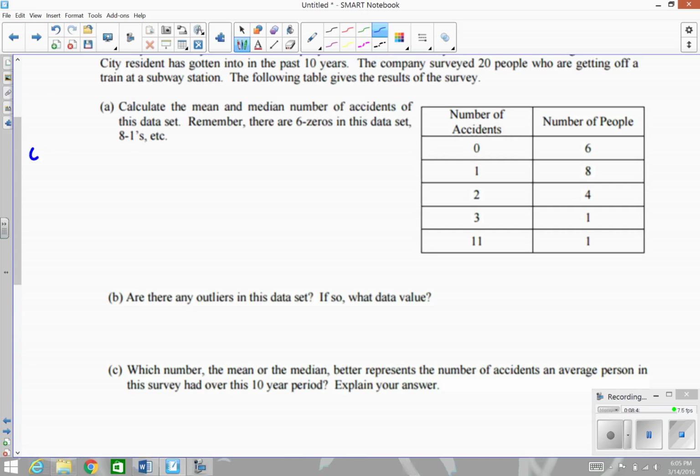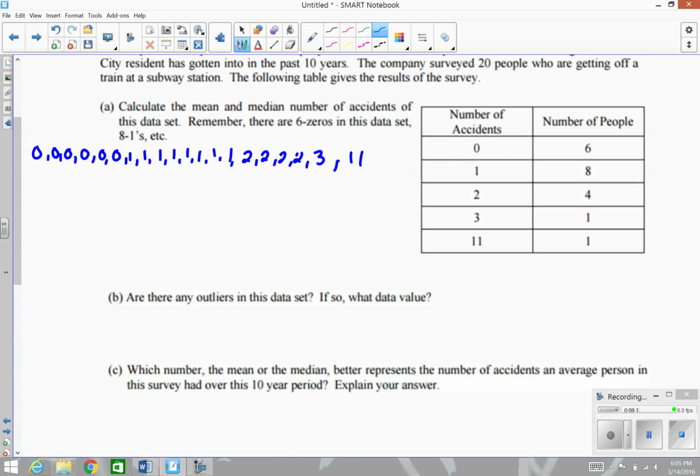Again, there are 6 zeros, 8 ones, 4 2s, 1 3, and 1 11.